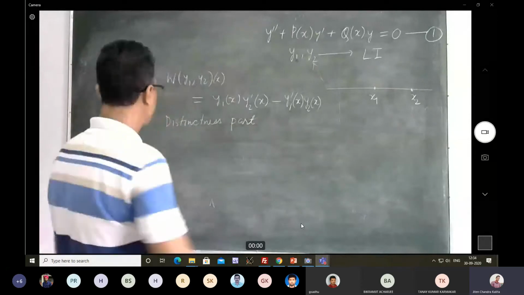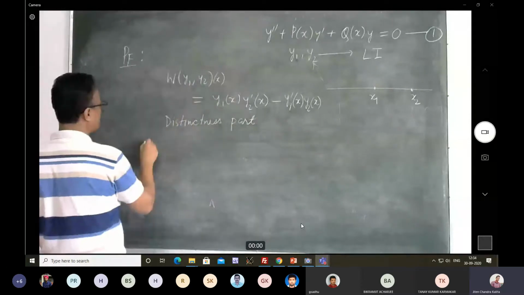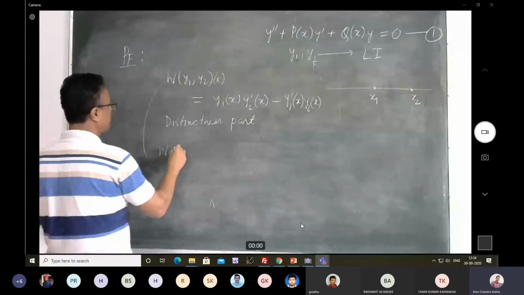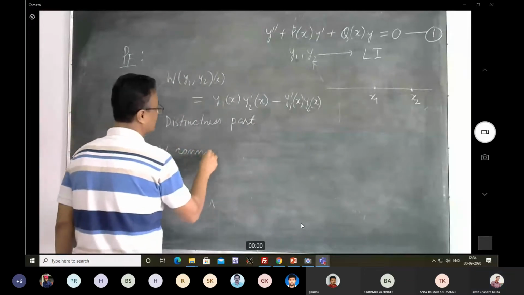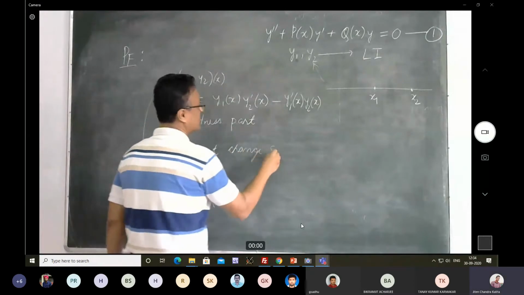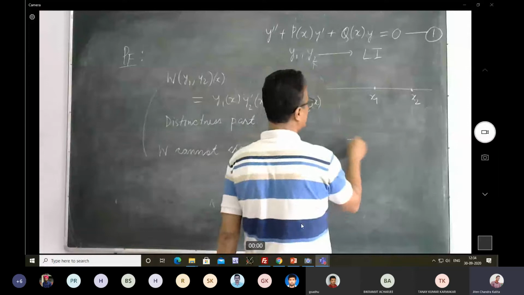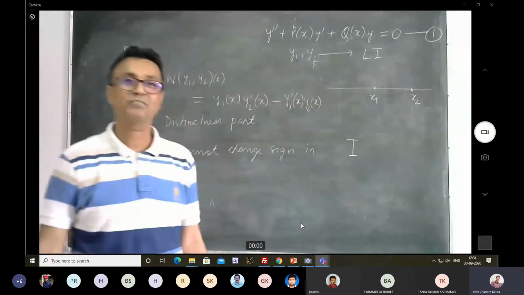The next thing I am going to tell you is that the Wronskian W cannot change sign in the interval of definition I. Why?